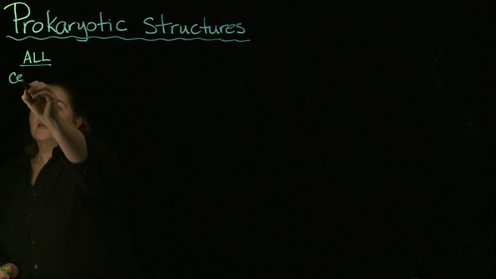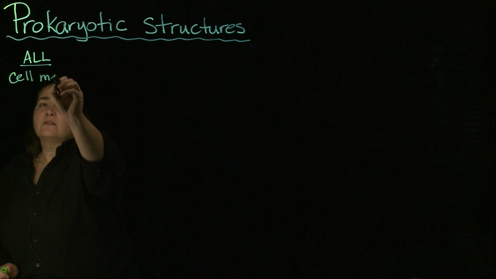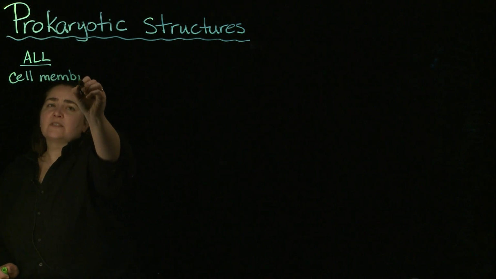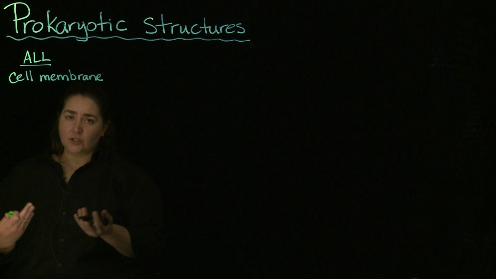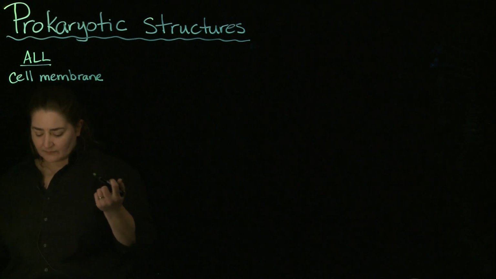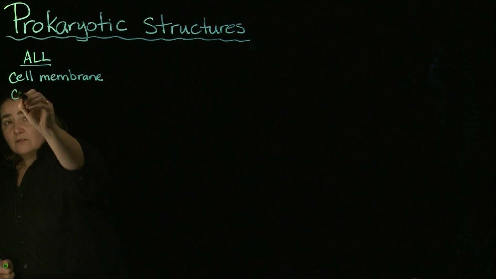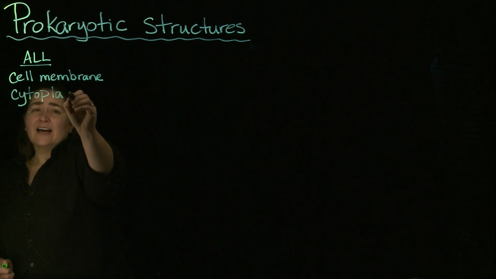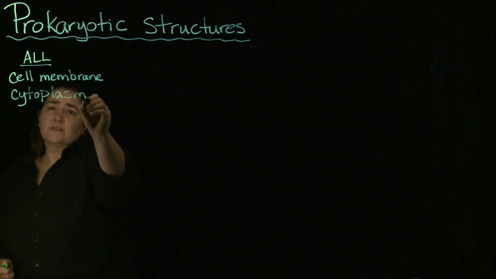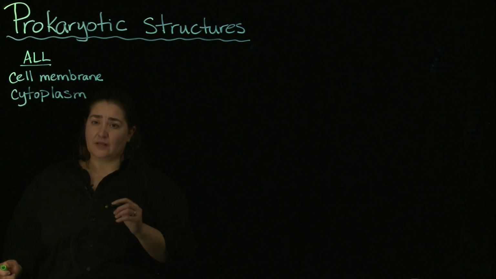In order to be a cell, we have to have a cell membrane. You have to have something that encloses the bacteria. We've got to have something inside. That stuff inside is going to be the cytoplasm.